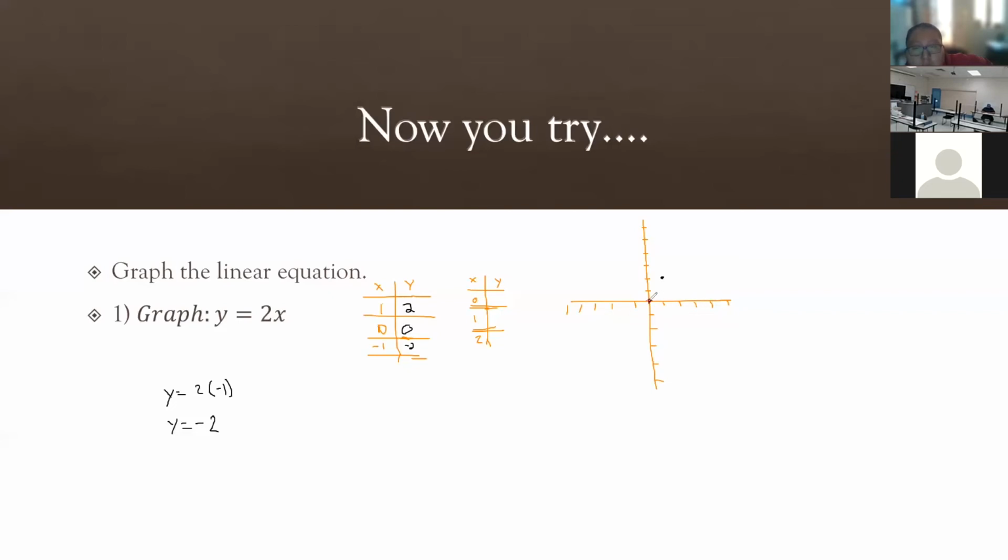Then for our last point, we're going to start back on our origin again. This time it's going to be a -1, so we move over to the negative side by one. Then we're going to move down 2 because our y is a -2. So 1, 2. So here is our line.